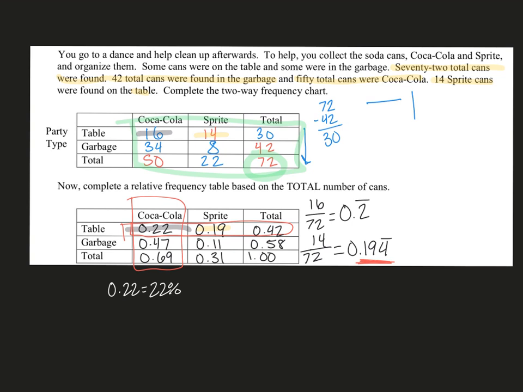It's also cool because you can see what percentage of students actually threw away their cans as opposed to just leaving them on the table. We see that 58% of students threw out the cans as opposed to 42% who just left it on the table for someone else to clean up.